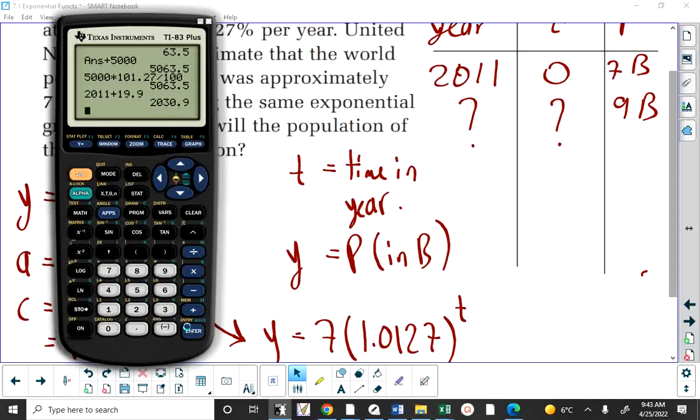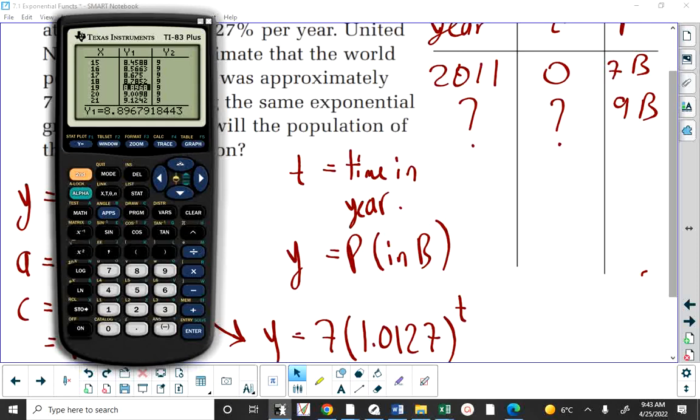And we could have solved it, by the way, since we're asked for a year. You could have just gone to your table and looked at where the population cracks the 9 billion mark. And there you go. Now you want to be careful here. I don't think it's really that big of a deal.